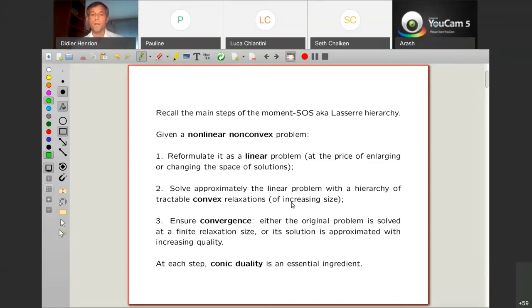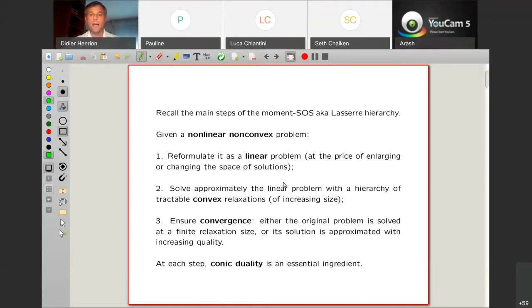Or its solution is approximated with a quality that increases when the size of the convex relaxation increases. This was the case of last week's lecture on maximum positively invariant set approximation, and this will be the case today as well for polynomial optimal control. And at each step of this three-step procedure, the use of conic convex duality proves to be very important.